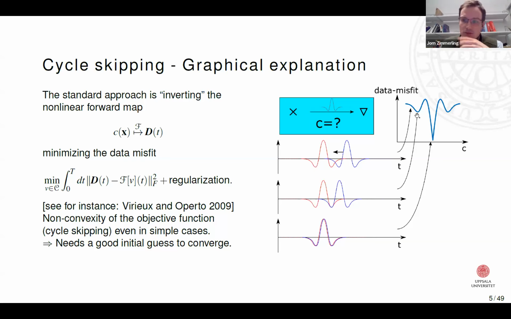And essentially here you skipped a cycle. If you just use convex optimization of this problem, you will get stuck. And you will not be able to estimate the true velocity c that's in between the source and receiver, because the global minimum is unreachable if you get stuck in this local minimum. And this is one of the big issues.